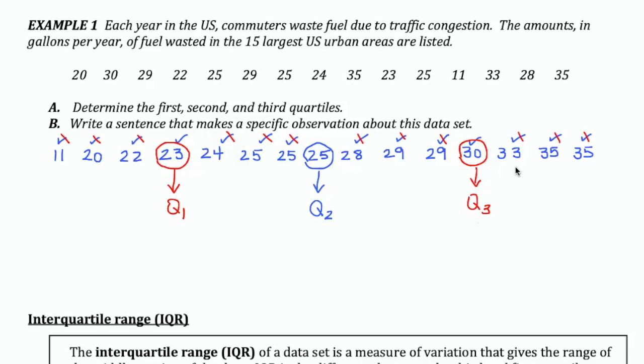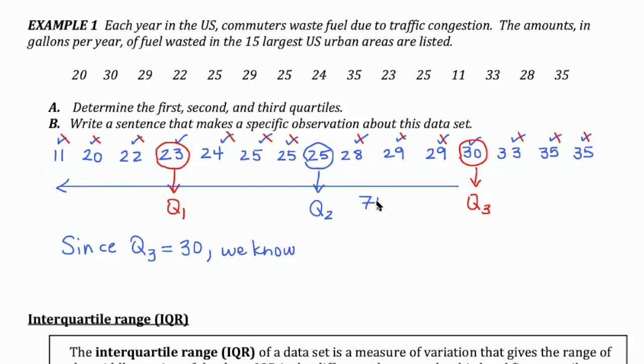For instance, one observation we can make is since Q3 equals 30, we know the third quartile means 75% of your data is at or below that amount, because it has 1, 2, 3 full sections of 25% each below it. So we know 75% of the commuters waste 30 gallons per year or less.